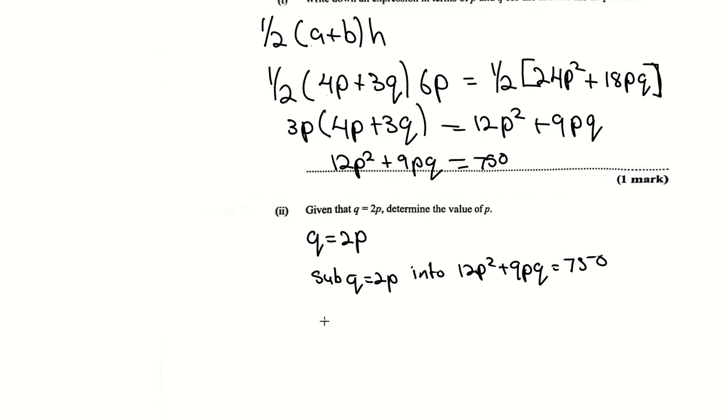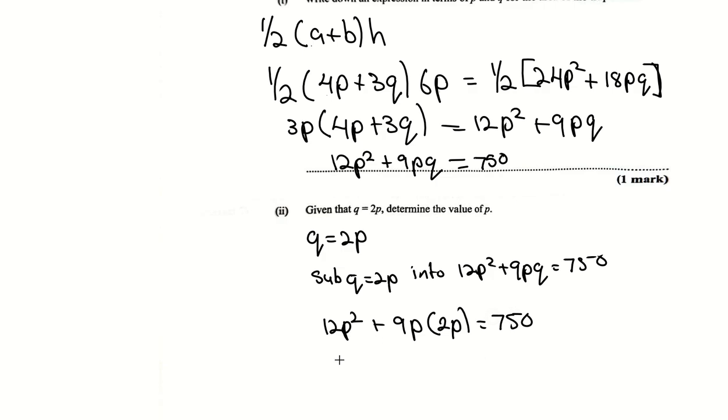So this would be 12p squared plus 9p times, instead of q, 2p, is equal to 750.